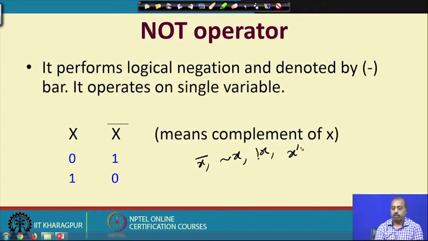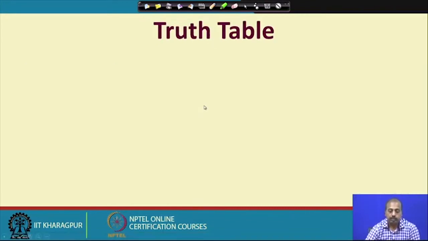In our lecture also many times we will be using these notations interchangeably, meaning all of them mean the same thing. So, that is the NOT operator. So, AND, OR, NOT, these are the three fundamental operations that we have in Boolean algebra.